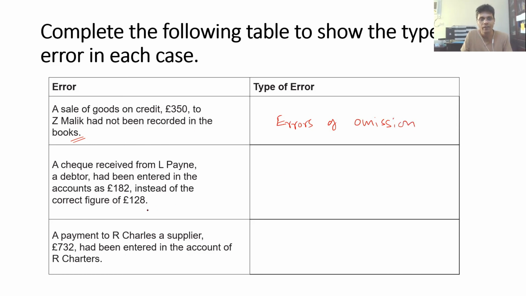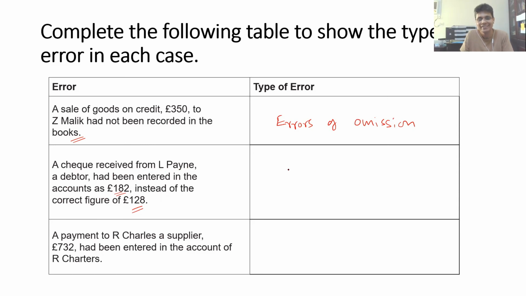Samira, next one. A check received from L. Payne, a debtor, had been entered in the accounts as 182 instead of correct figure 128. Is that correct, Shanara? Errors of transposition.